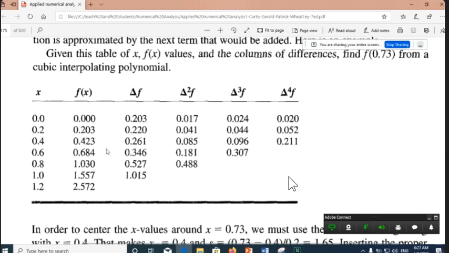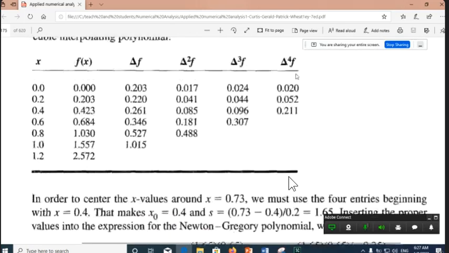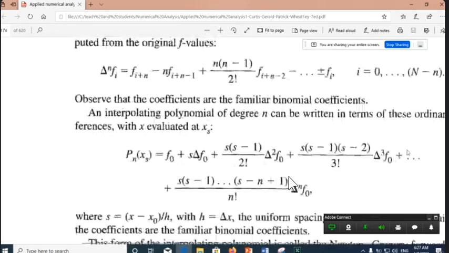Other points can be computed very easily, and from this, by this formula, we can easily find the interpolated function.